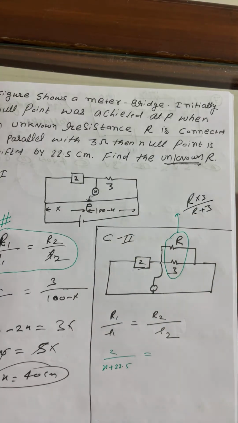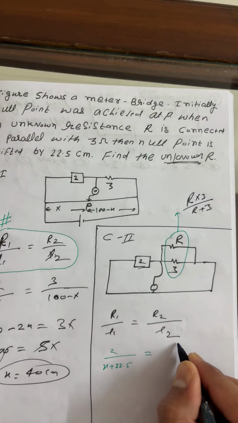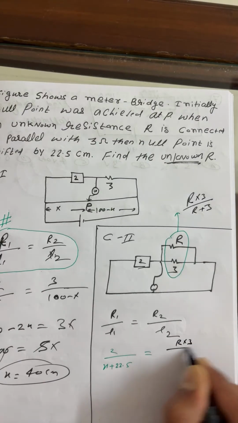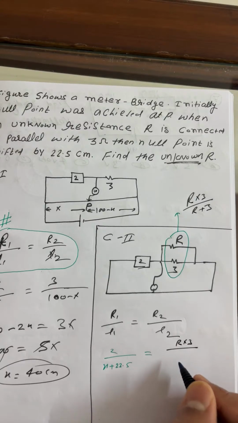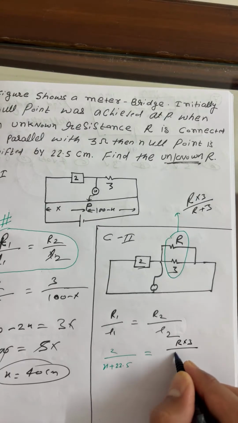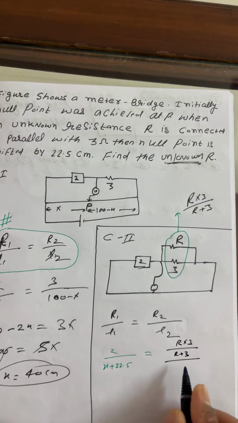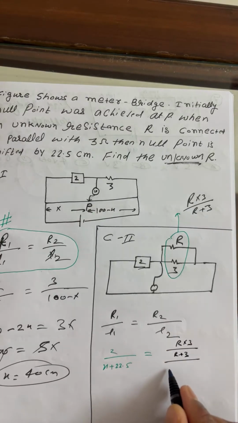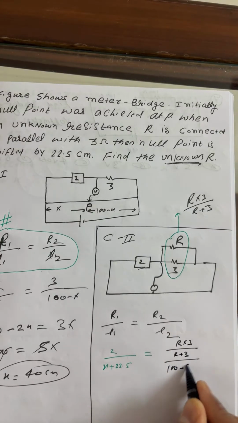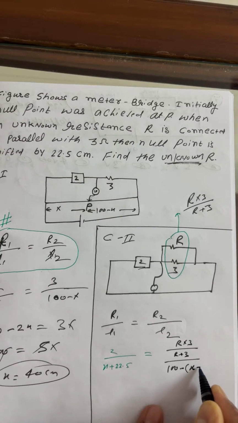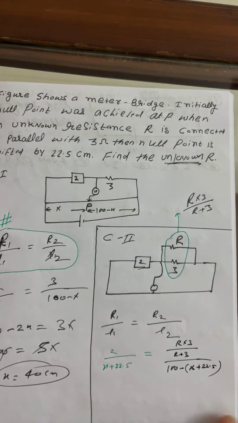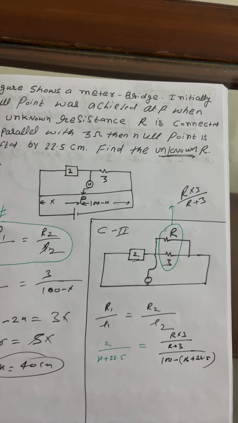I'll use the same principle over here. And L is what? L is 100 minus x plus 22.5. This is highly required here.